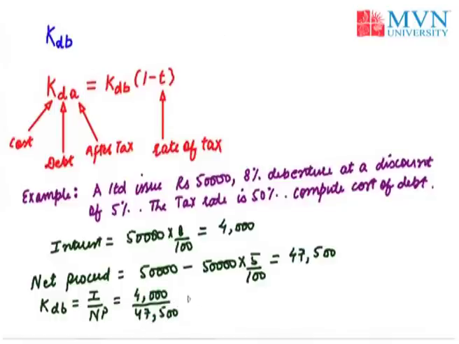Now putting this in the formula of cost of debt after tax, which is cost of debt before tax, 4,000 divided by 47,500, multiplied by 1 minus tax rate. Here the applicable tax rate is 50%. Solving this, we will get the cost of debt after tax as 4.21%.